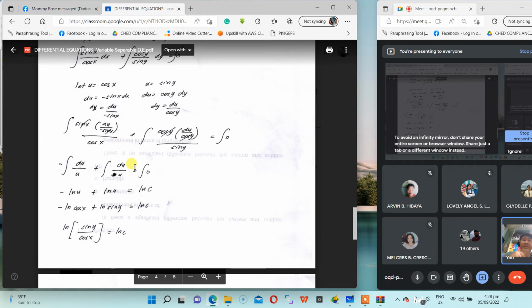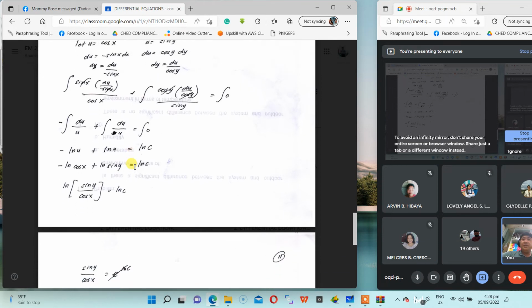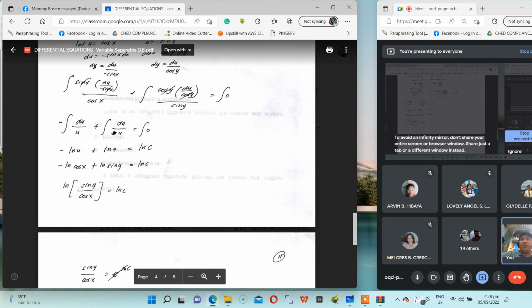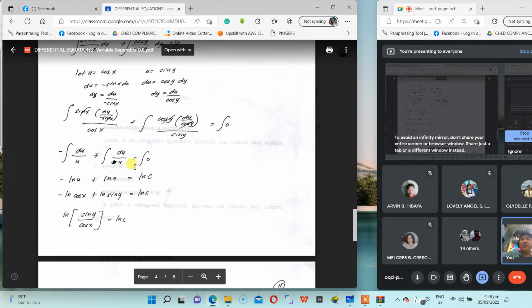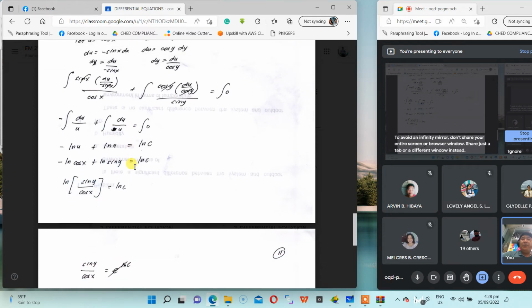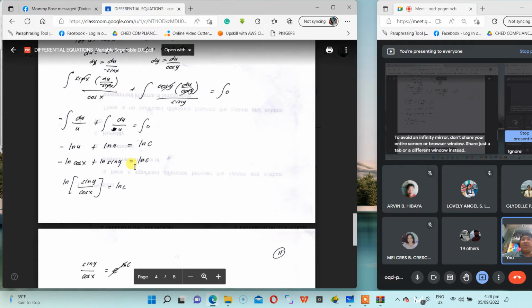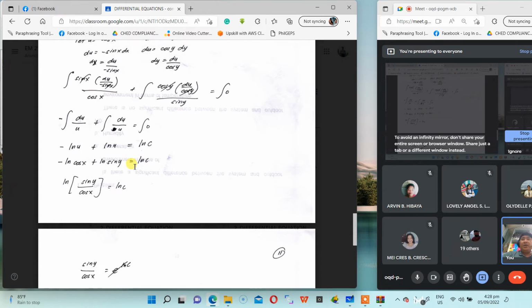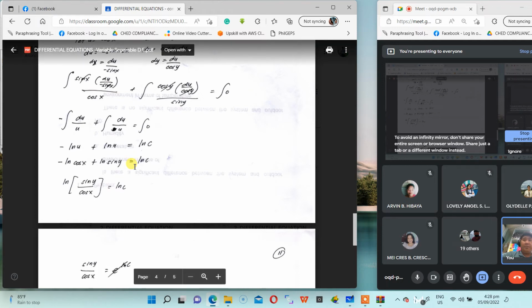So this is still the same process as the other one. After that, you just substitute what is the value of u for these two terms. So you have cosine x and sine y. After that, you follow the logarithmic rule. Remember, as long as it is positive, it will always be the numerator, and this one will be the denominator.